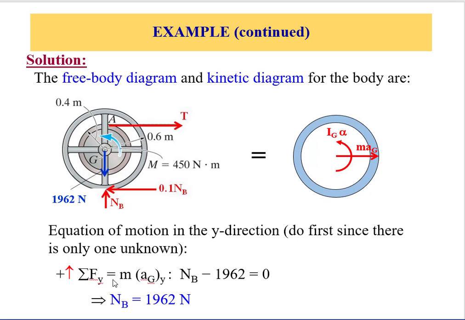First of all, this spool is not moving upward in y, so it does not have any acceleration. So summation of forces in y is equal to 0, equal to N_B minus mg, which is 1962. So we will know N_B.